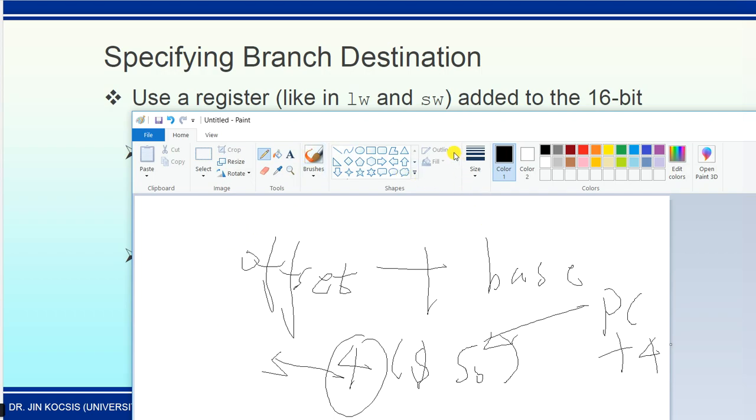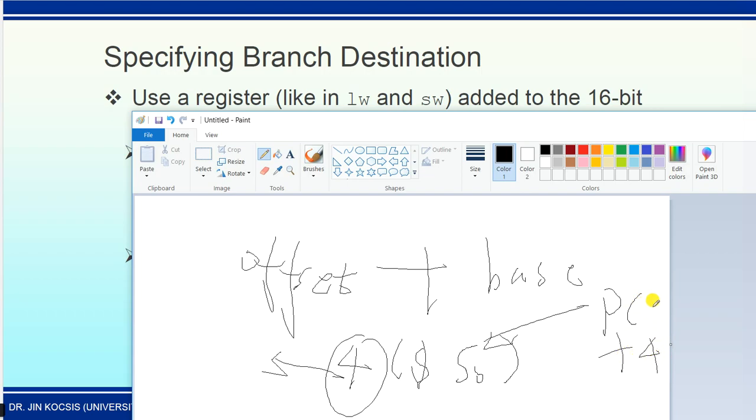To say one more time, basically in branch if equal or branch if not equal, instead of using that 16-bit segment to represent the memory address directly, we leverage that segment by representing the memory address as the summation of the offset, which is reflected by the immediate field, and the reference address, which is equal to the program counter's value plus 4.